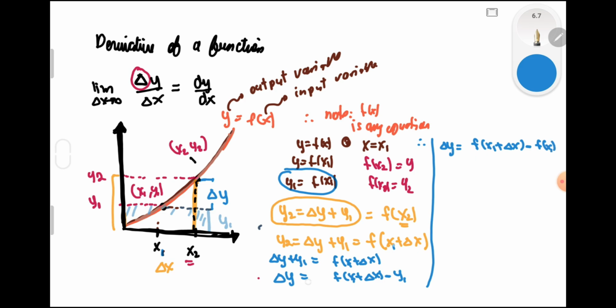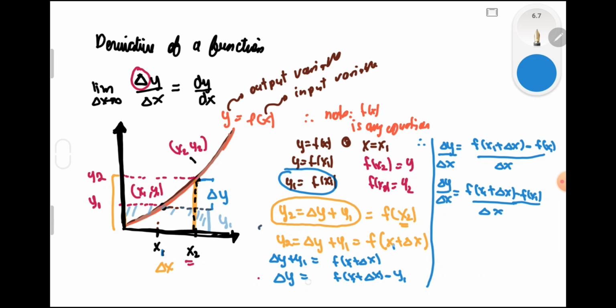Dividing both equations by delta x, we will have delta y over delta x is equal to f of x sub 1 plus delta x over delta x minus our f of x sub 1.